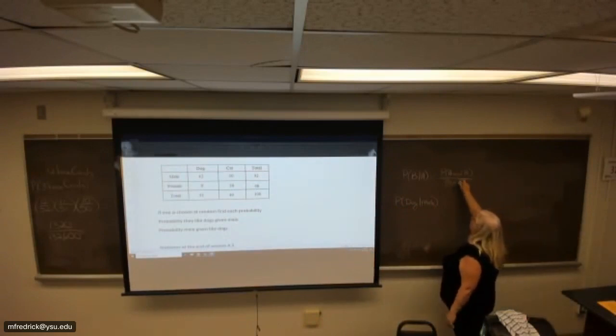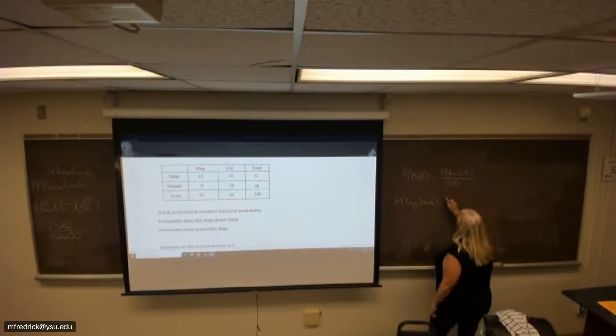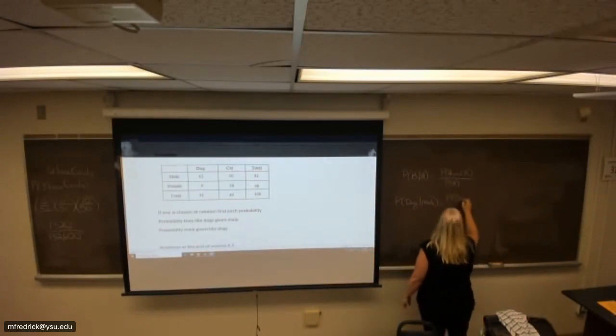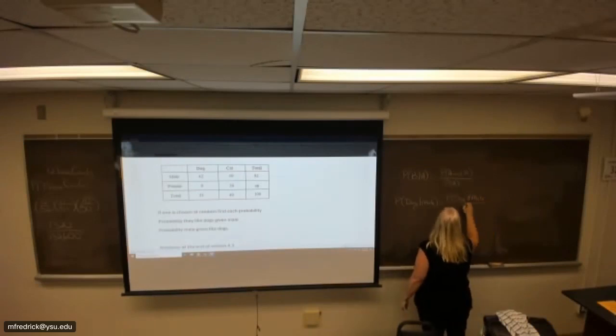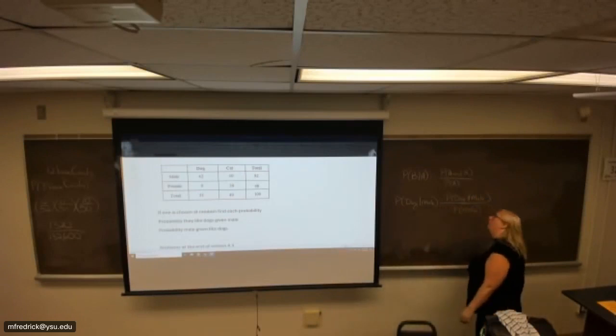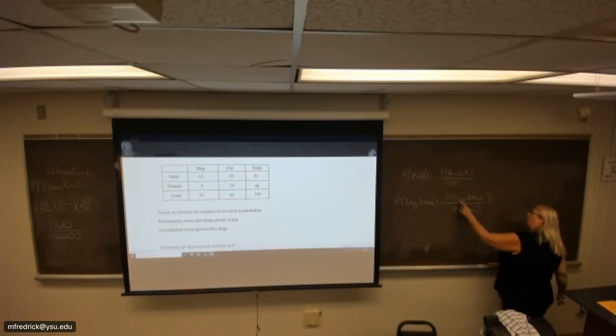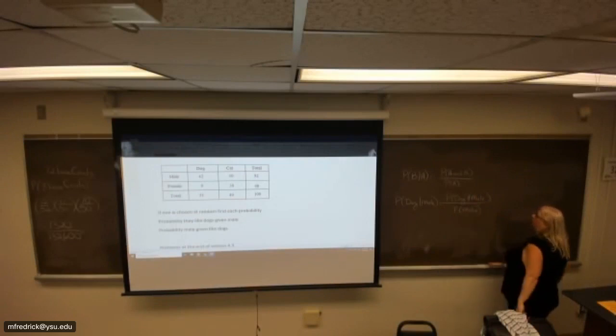We use this formula. It would be the probability that it's a dog and a male divided by the probability it's a male.